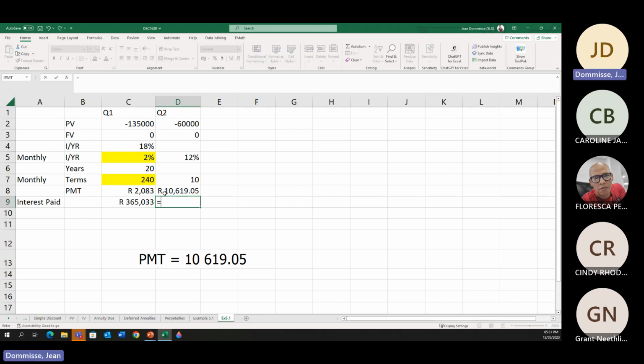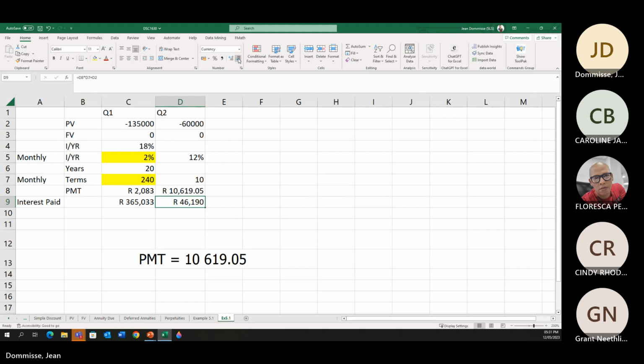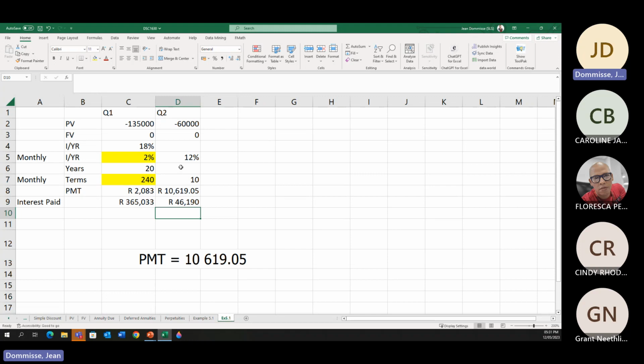If you look at this money that you inherited, instead of taking that 60,000 up front, if it was paid over 10 years at 10,000 every year, you actually receive 46,000 more than you would have if you took it all as one payment.